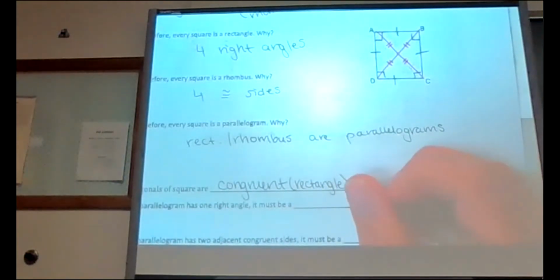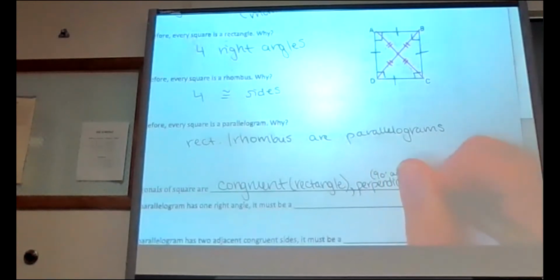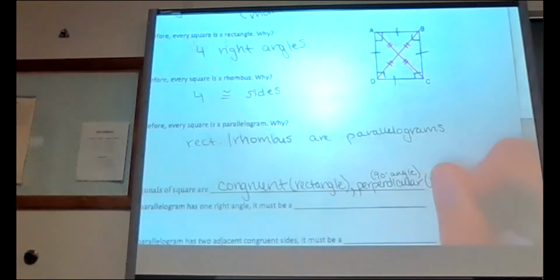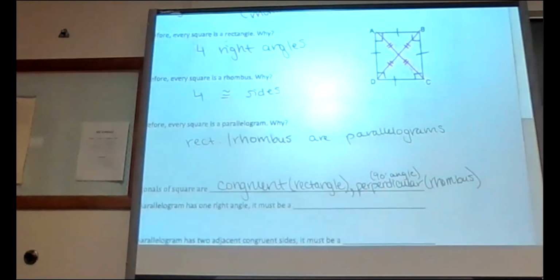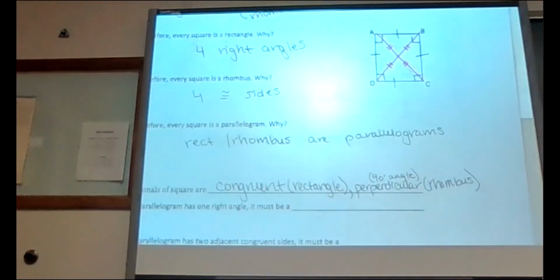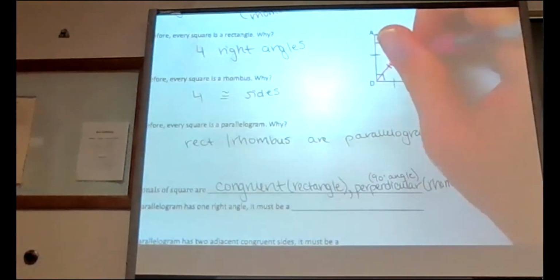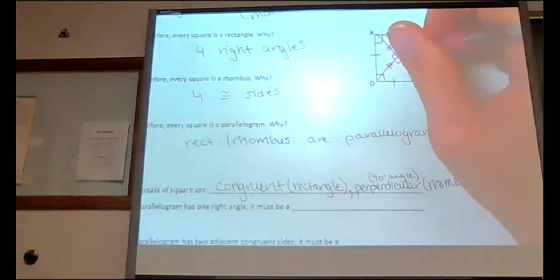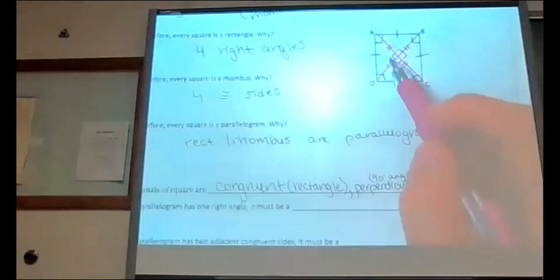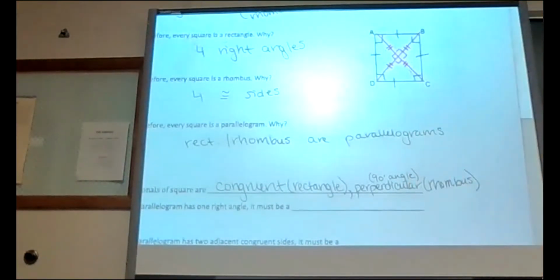The diagonals of a square are perpendicular, which means 90-degree angle, because it is a rhombus. The diagonals of a square are perpendicular, meaning all of these angles in the middle are right angles.